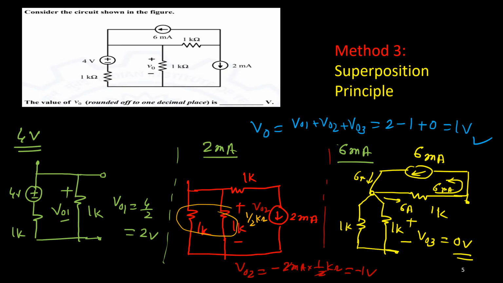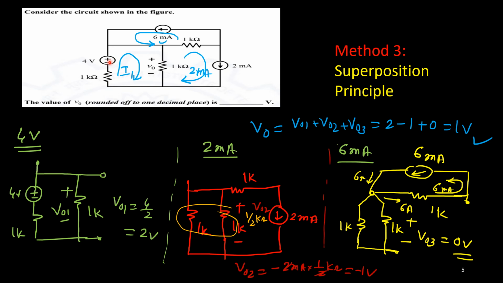If a side branch current is given, as I told you in my lectures, this current is 2 milliampere. That is fixed. Similarly, this current is also 6 milliampere. So I need to consider only one loop current, and suppose that is I1. Do the loop analysis here and use KVL in this loop only.